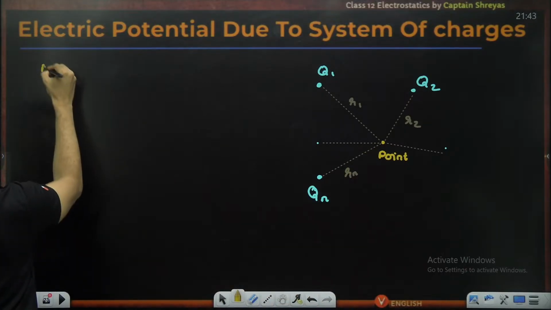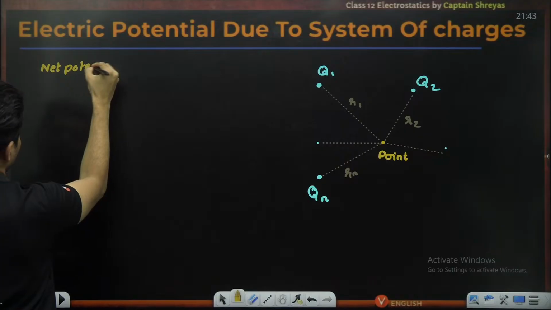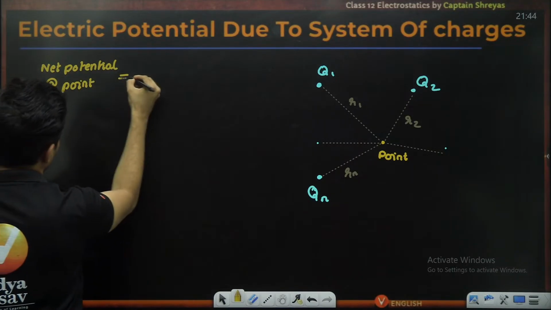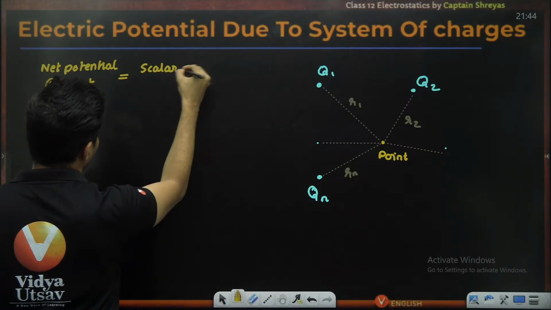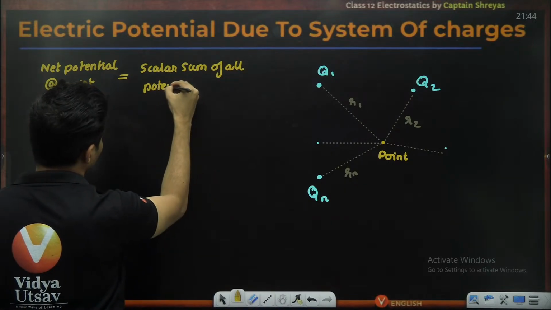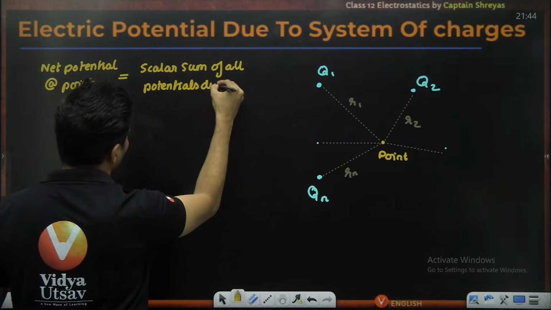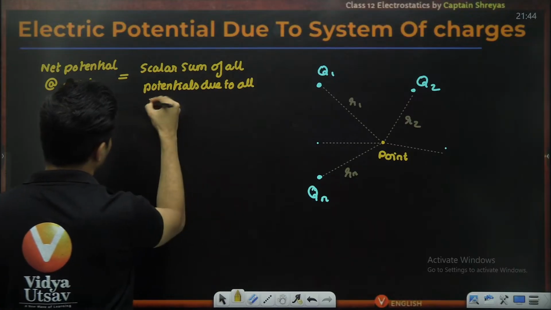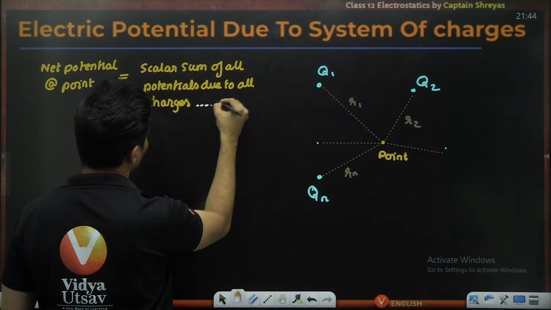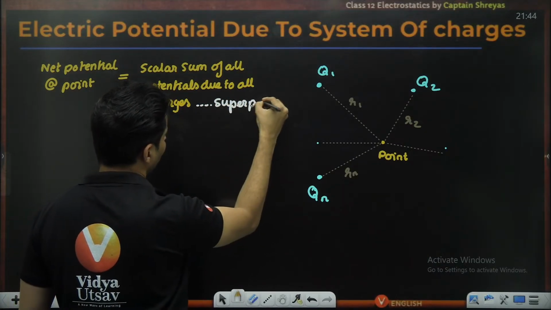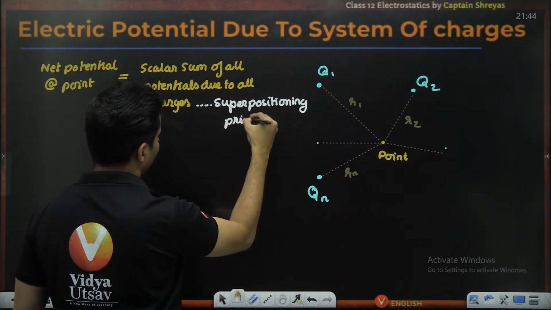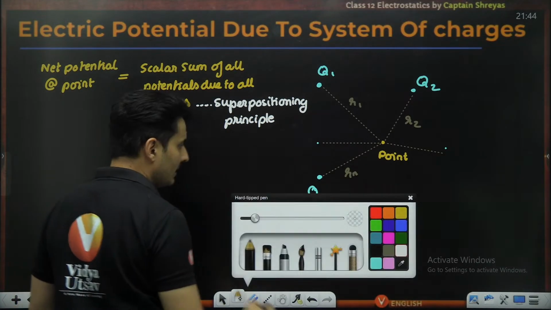So the net potential at any particular point is nothing but the scalar sum of all the potentials due to all the charges around. And this principle is obviously called the superposition principle.